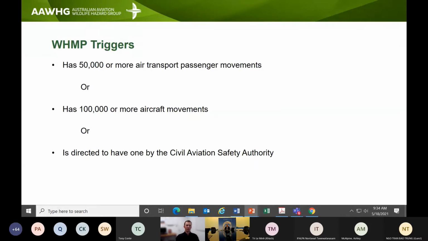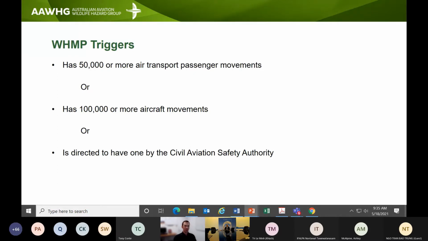So there are three main triggers for development and implementation of a new wildlife hazard management plan, and they're legislated within the manual standards. So if we click on, the first trigger is based on the number of people. So if an airport has 50,000 or more passenger movements, development of a wildlife hazard management plan and implementation of that plan is required.